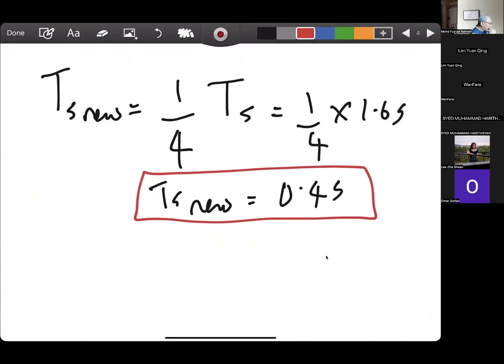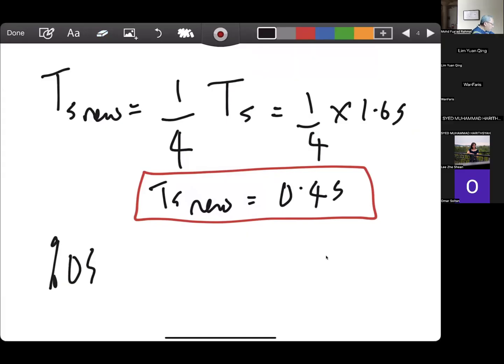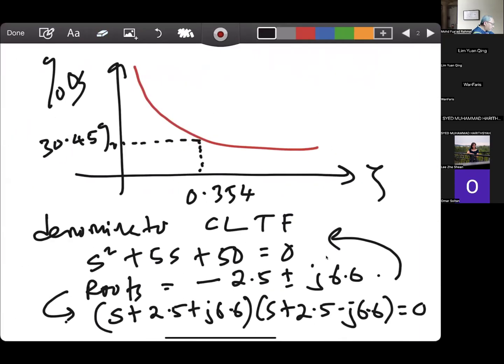And then the new overshoot is 50% of the existing overshoot. So 50% actually is half multiplied by the existing overshoot. What is the existing overshoot, guys?